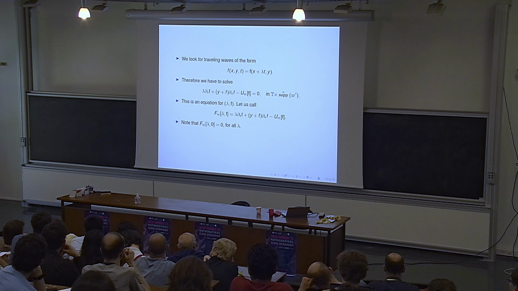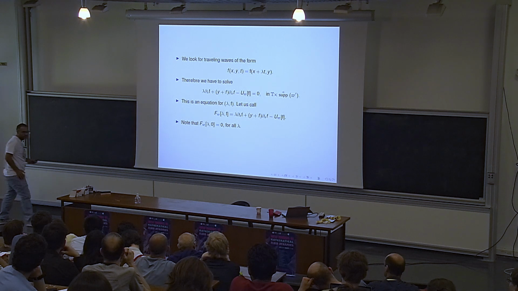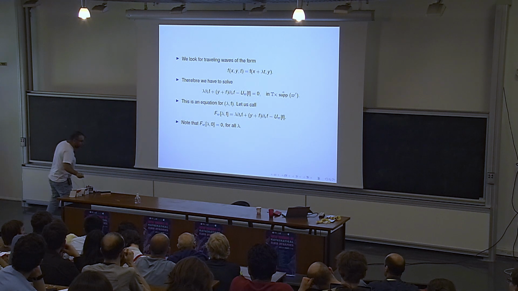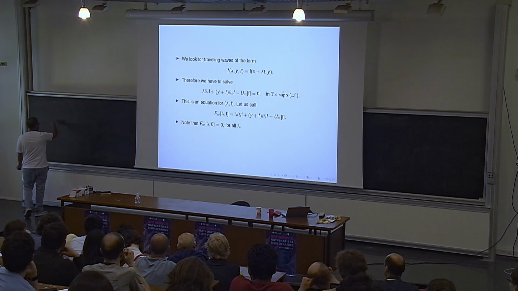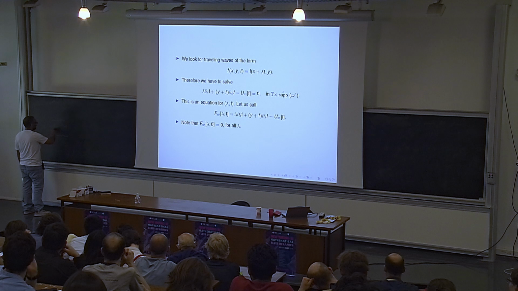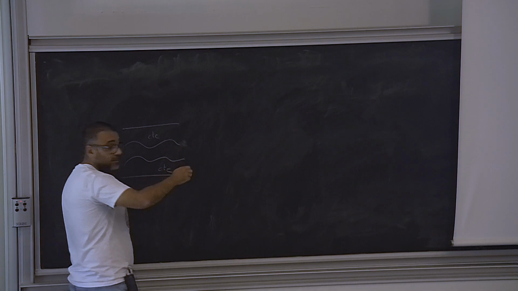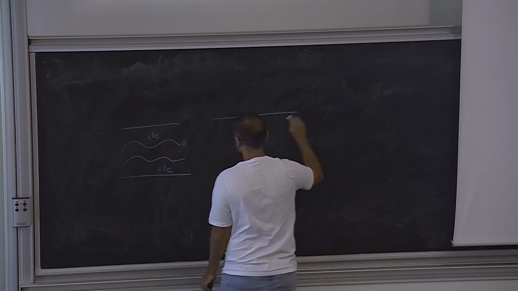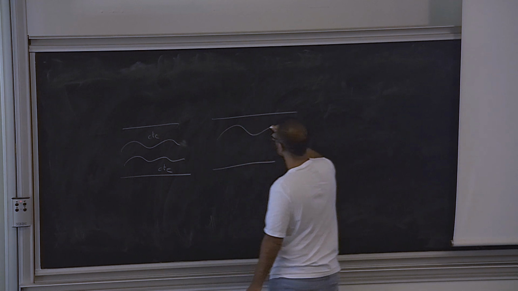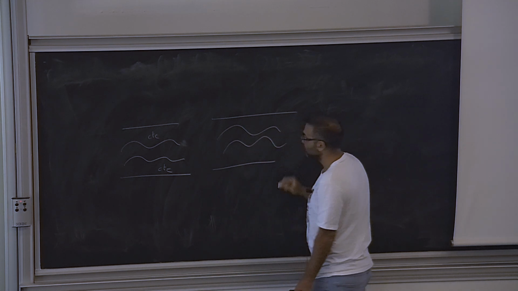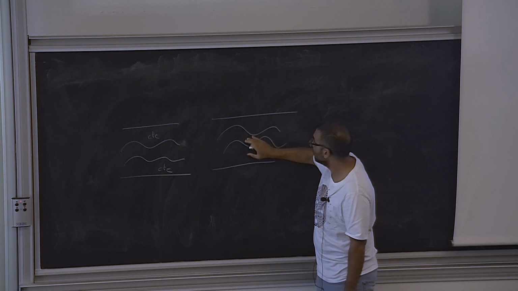Okay? So for example, let's say that here the velocity is constant and here the velocity is constant. Okay? And these are the level sets. Then the level sets are going to move with the flow. And you are going to have something here and something here.